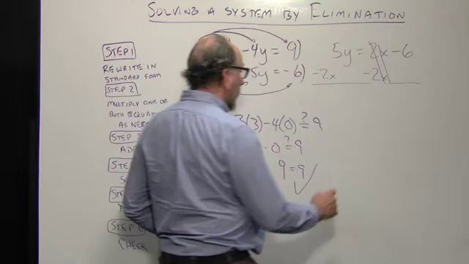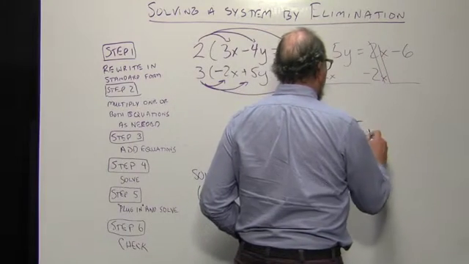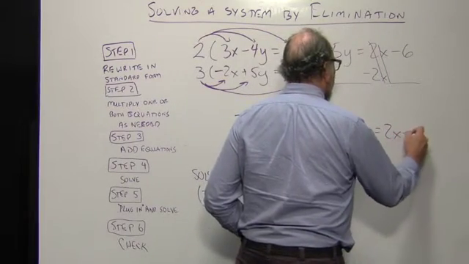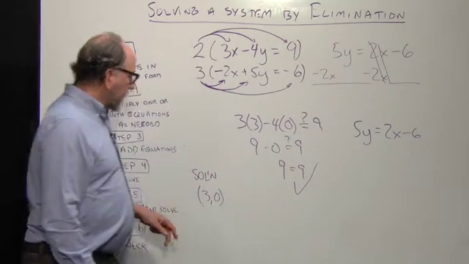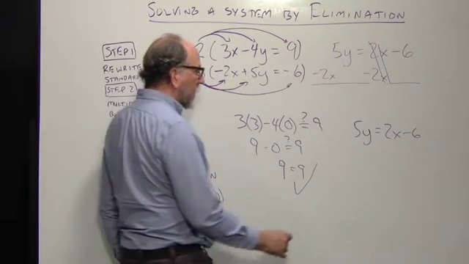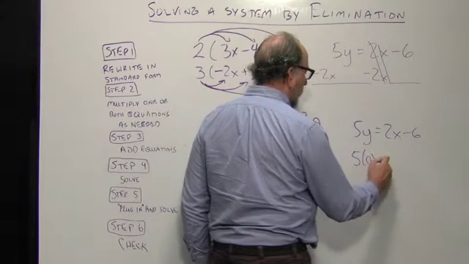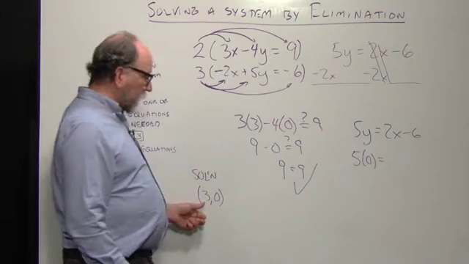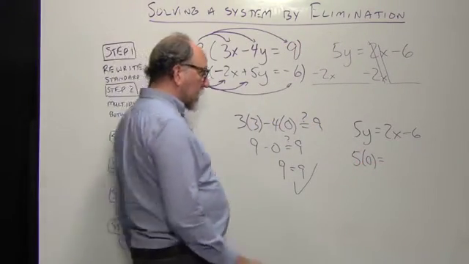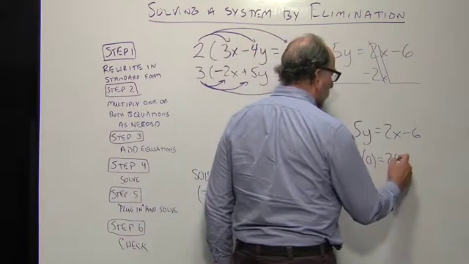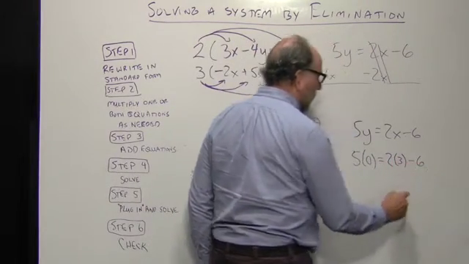The other original equation was 5y equals 2x minus 6. So I'm going to plug (3, 0) in that. 5 times 0, make sure you put the right coordinate in the right place. That y is 0 there. 2 times 3 minus 6.